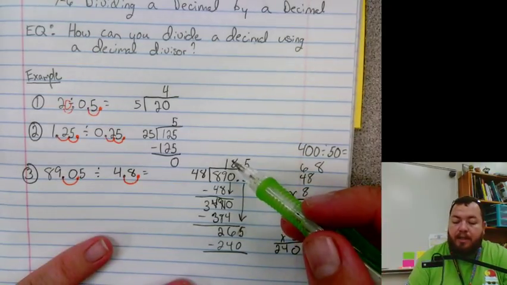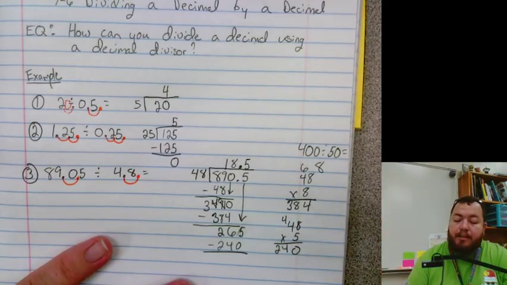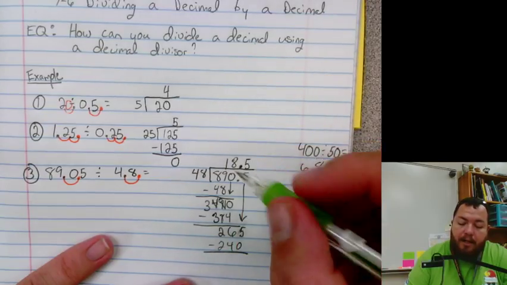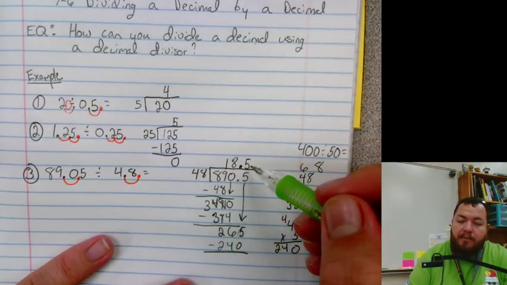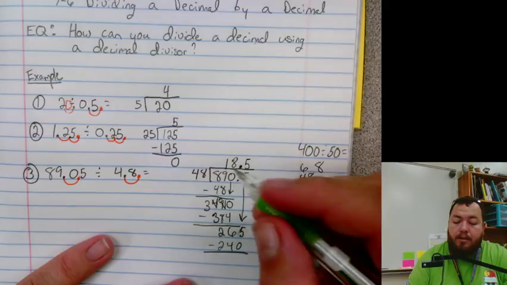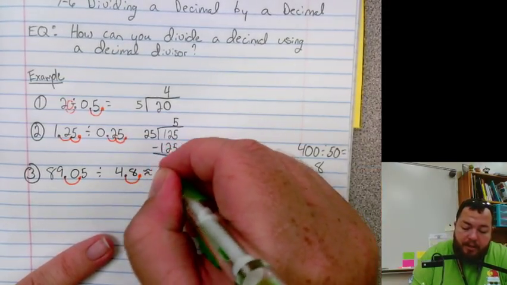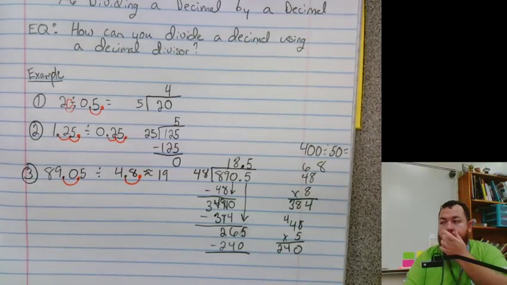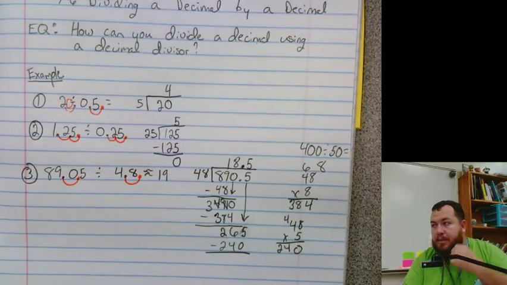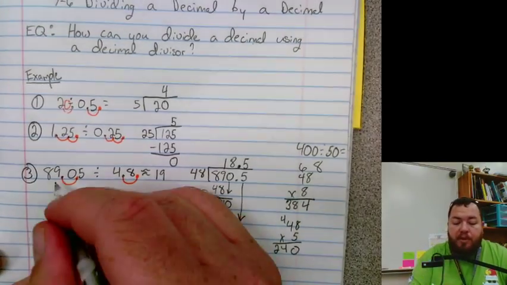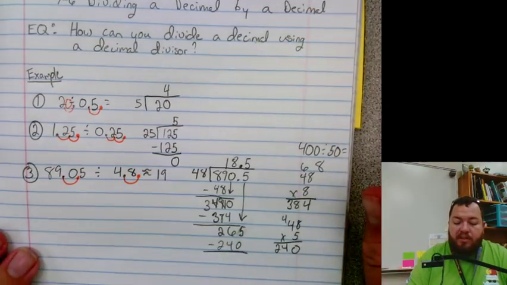So I'm going to estimate my quotient to be 19. The reason is that 18.5, I'm going to round up, and say it's estimated to be 19. But remember, we're moving our decimal points. That's what this whole lesson is about.